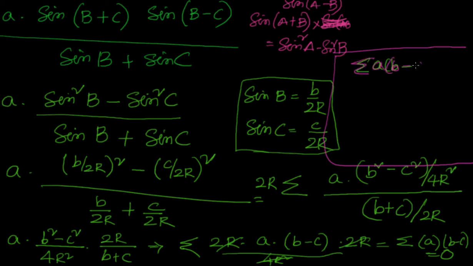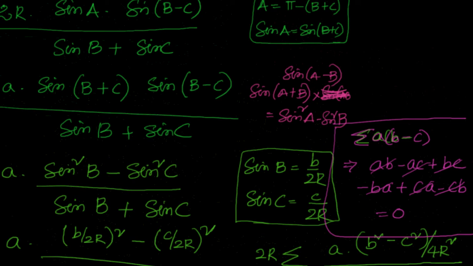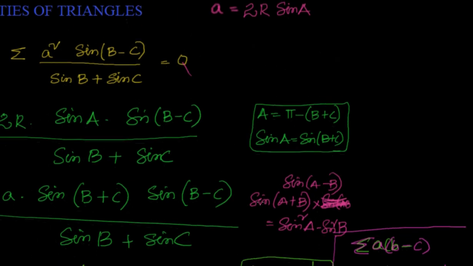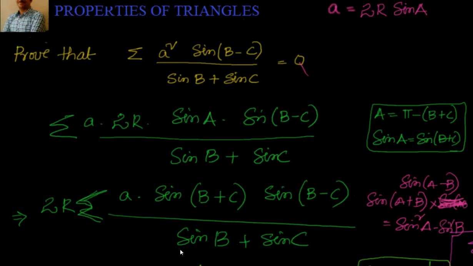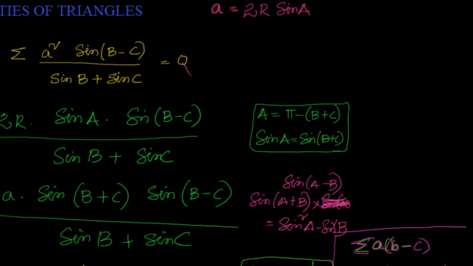Another way how you can do that is you can substitute, we can do that too. What we can do is I'll just start this so that you can try it out. What I will say now is I'll say a square as it is and sine of b cos of c minus cos of b sine of c divided by sine of b plus sine of c.